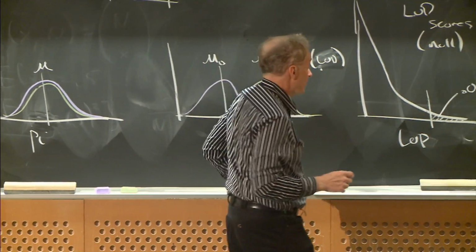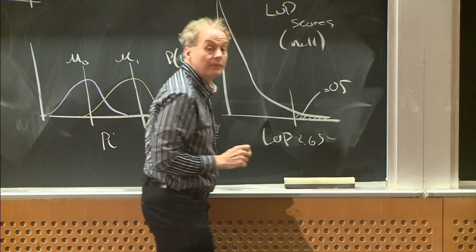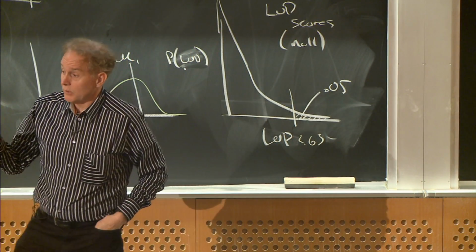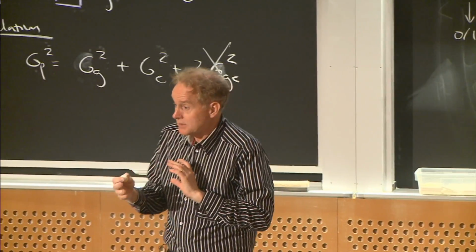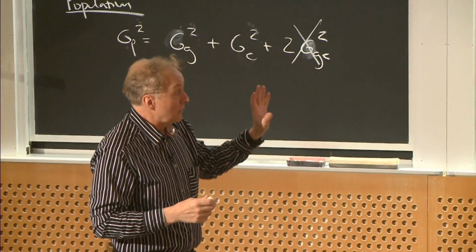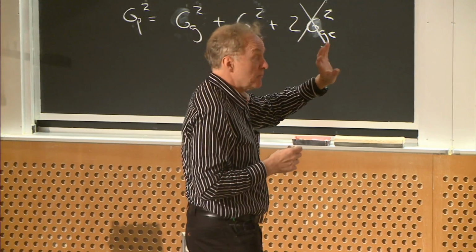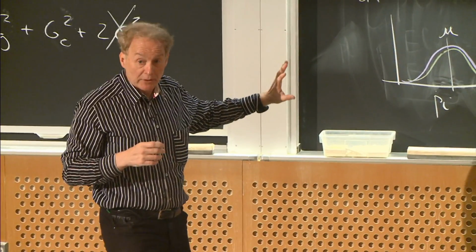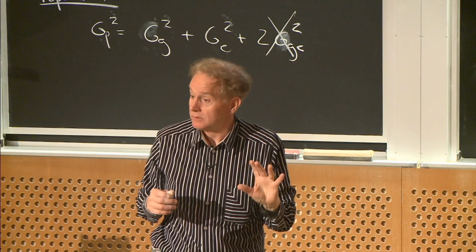And it turns out in their first iteration, it was 2.63. A LOD score over 2.63 had a 0.05 chance or less of occurring in randomly permuted data. And since the randomly permuted data contained all of the markers, we don't have to do any multiple hypothesis correction.